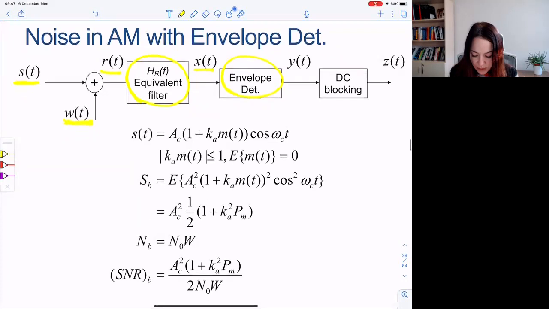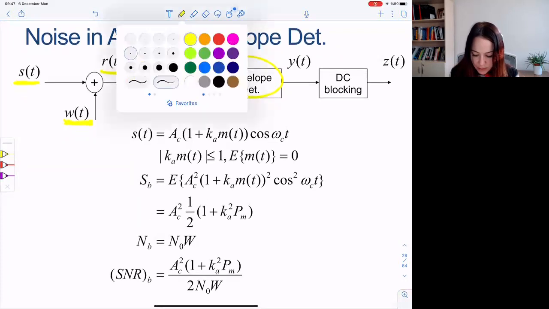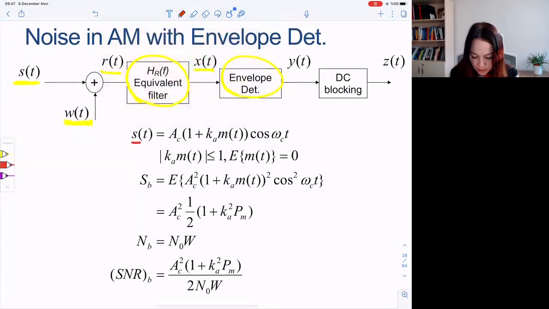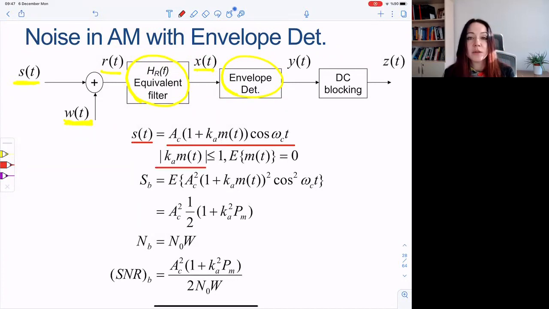now the incoming signal is conventional AM, hence it can be expressed as Ac (1 + Ka m(t)) cosine wc t, where of course for the envelope detector to work, Ka m(t) has to be less than 1 in magnitude. And we're assuming, like we do usually, a zero DC signal.